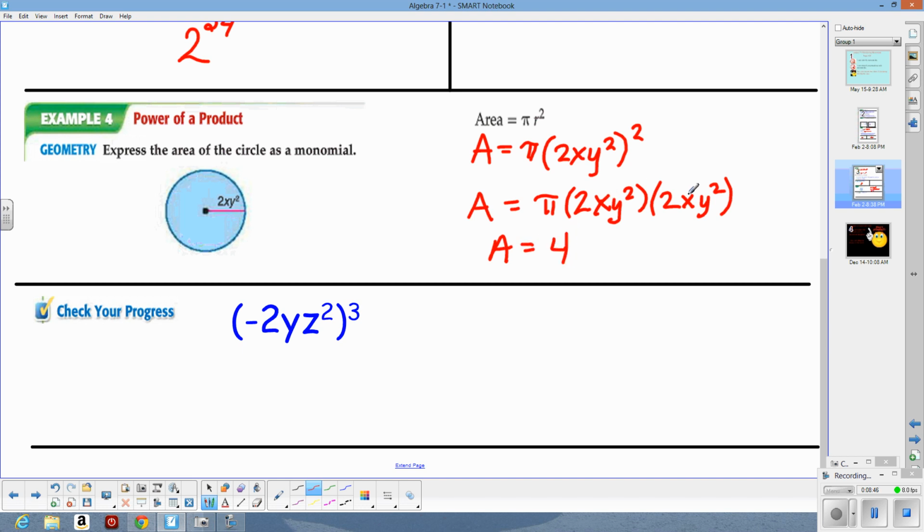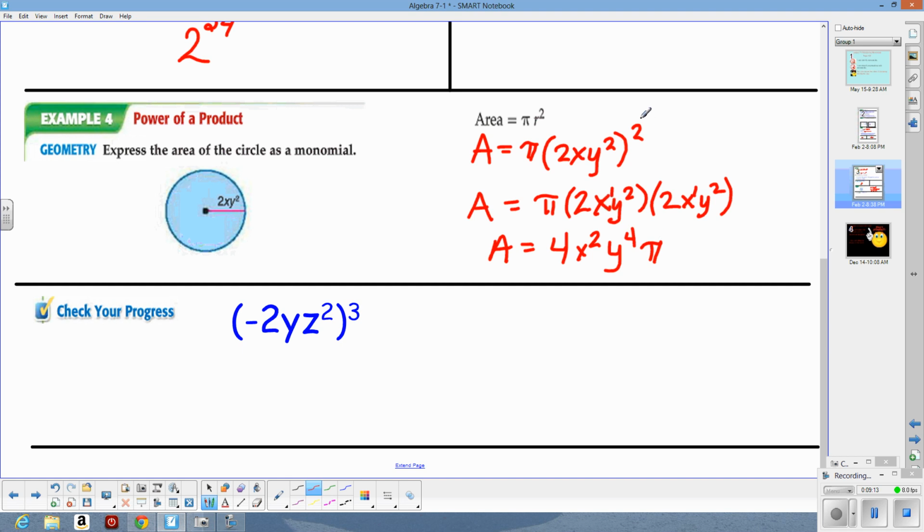And then x times x is going to be x squared. Remember, these are like having ones on them. And then y squared times y squared, that's a total of 4 y's being multiplied together, or you add the exponents. And then multiply that also by pi. So that's one way to actually go ahead and work it out.